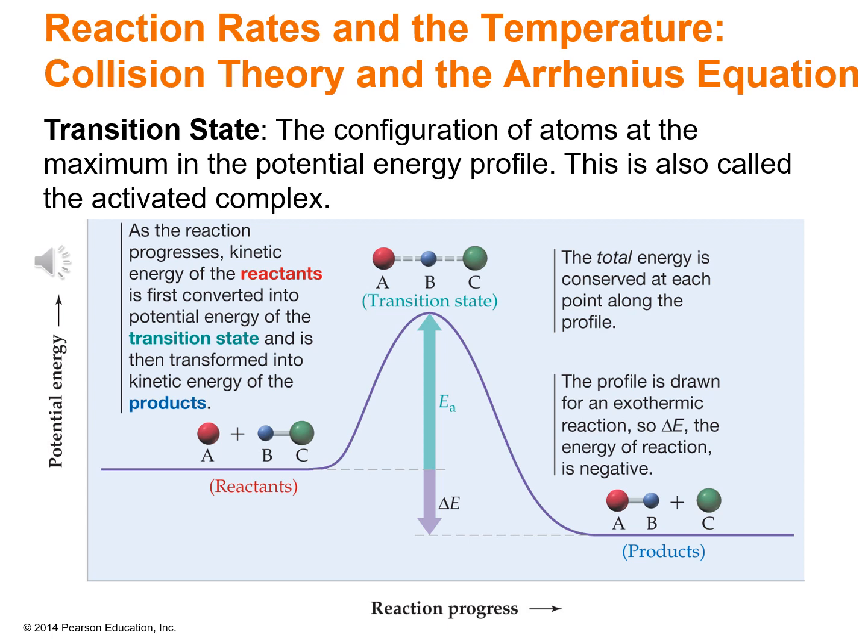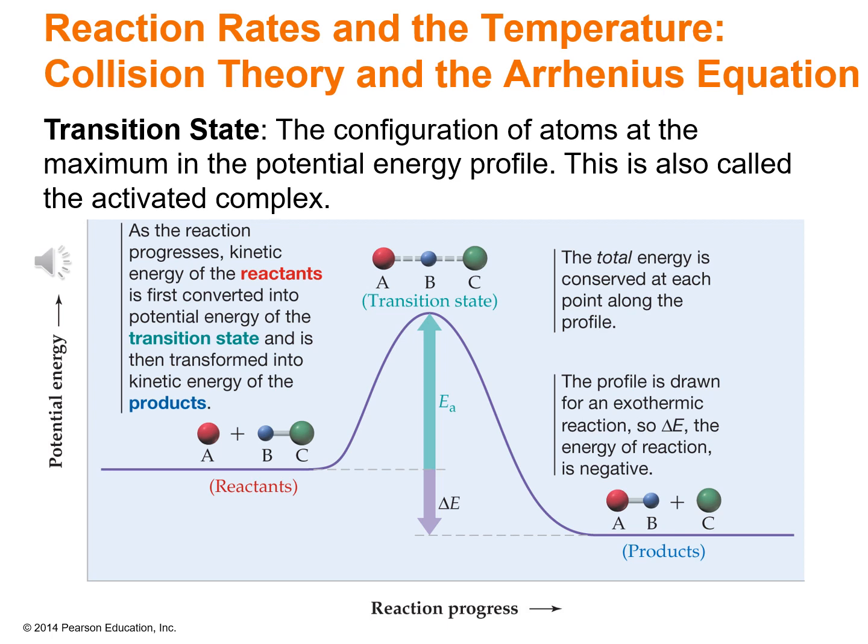So you probably saw this in 151, but if you didn't, we see here the potential energy profile for a reaction, in this case A plus BC, forming AB plus C. And we see that as the reaction progresses, the kinetic energy of the reactants is first converted into the potential energy of the transition state and is then transformed into kinetic energy of the products.